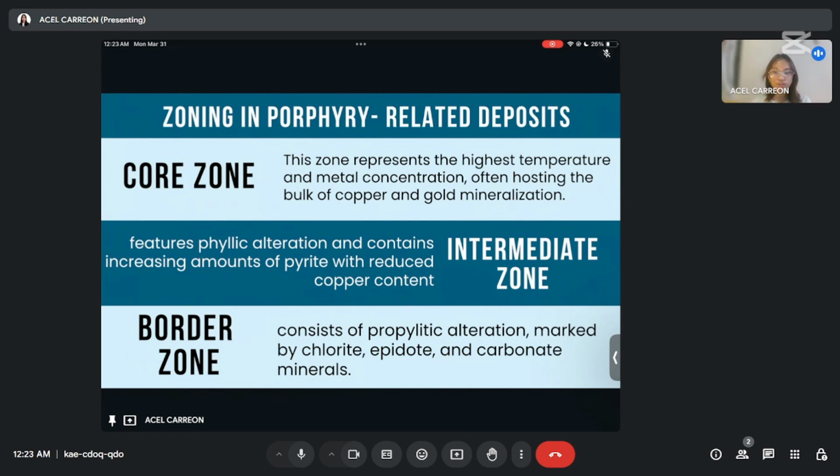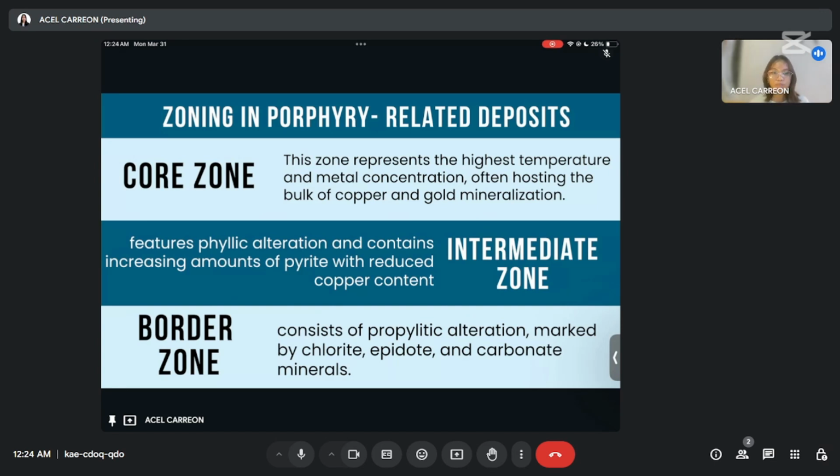Lastly is the border zone or the outer zone, which consists of propylitic alteration marked by chlorite, epidote, and carbonate minerals. This low temperature zone forms where hydrothermal fluids interact with the surrounding host rock, carrying minimal economic mineralization but serves as an indicator for mineral exploration.